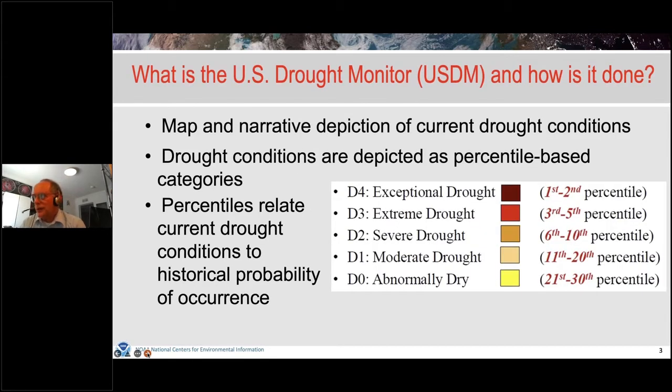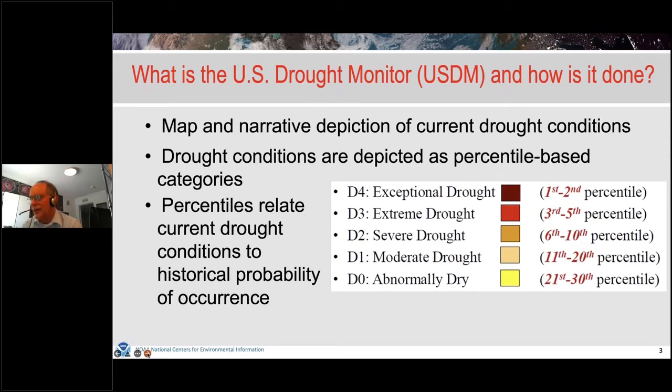Okay, what is the USDM and how is it done? It's a map and narrative depiction of current drought conditions. It's not a forecast. It is basically saying what the conditions are as of 12 Zulu time, Tuesday morning each week. Drought conditions are depicted in a percentile-based format. We have 4 drought categories, D1 to D4, and an abnormally dry category.